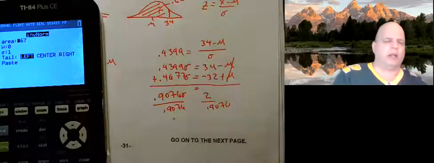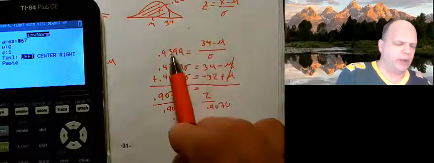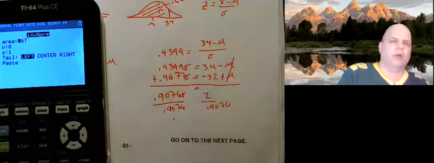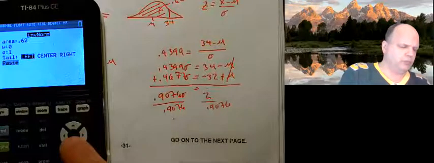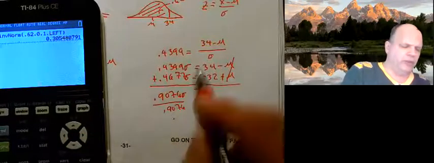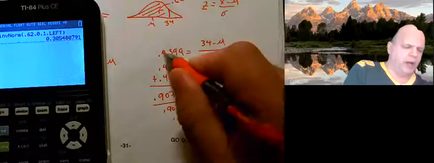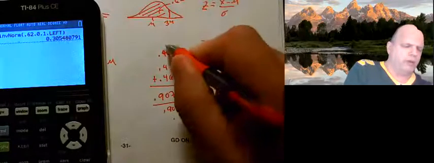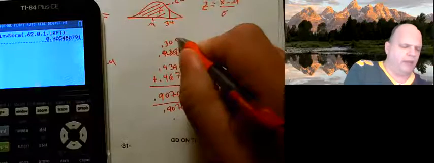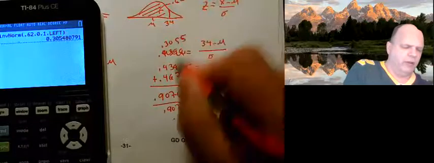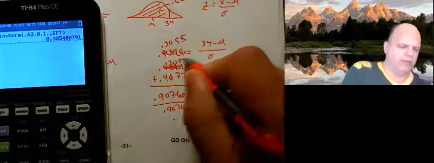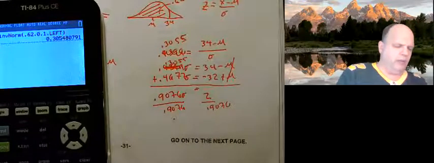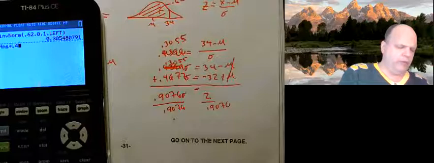All right, I did make an error. I put in 0.67 and I should have been using 0.62. So I need to change this to 0.62. It still makes sense as it's positive, but I had the wrong value. This should have been 0.3055. So this is also 0.3055 plus 0.4677.